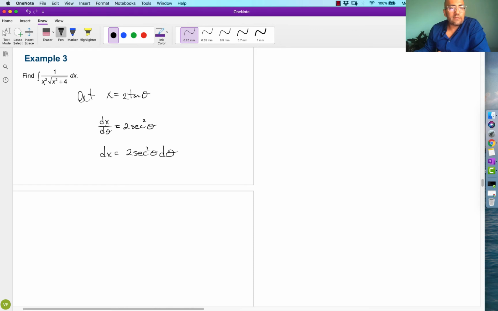And then the x is going to be that guy, so this is going to be squared. We just have to figure out what this is. So let's simplify that. We have the square root of x squared plus 4. After we do our substitution, we get 2 tangent theta squared plus 4, all of that square rooted.